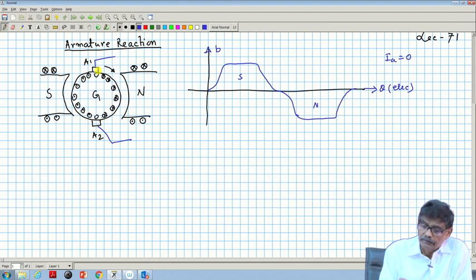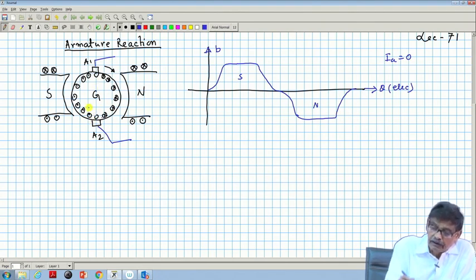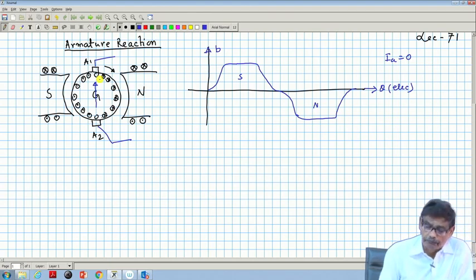In our qualitative discussion, we told you that the direction of this armature field will be vertical like this, because this is cross and this is dot, so the current direction will be up. This is the armature MMF, and it will act along the axis perpendicular to the direct axis, that is called the quadrature axis.